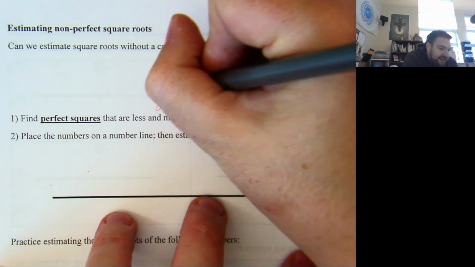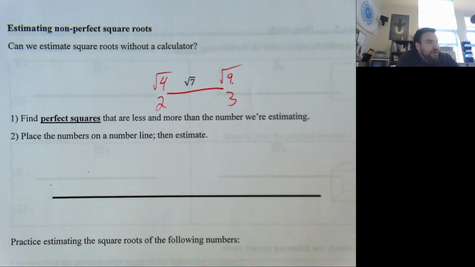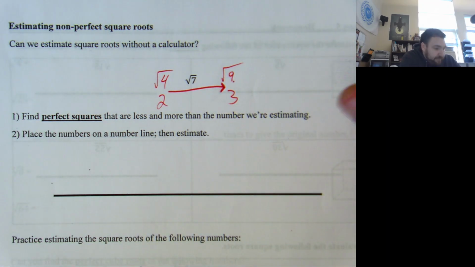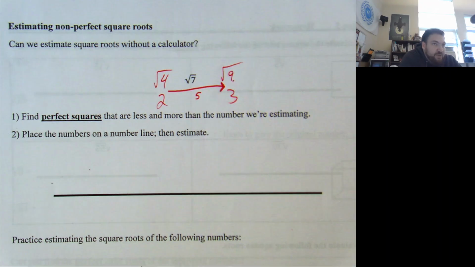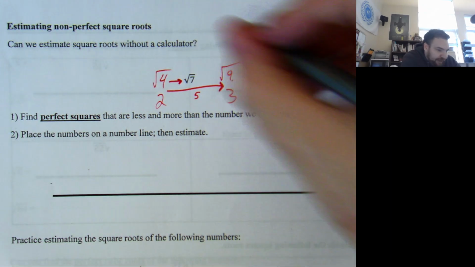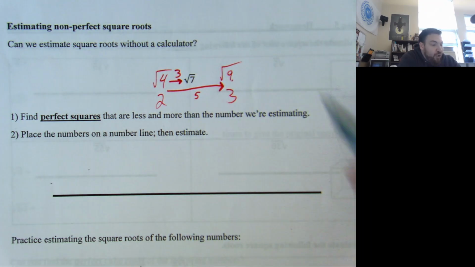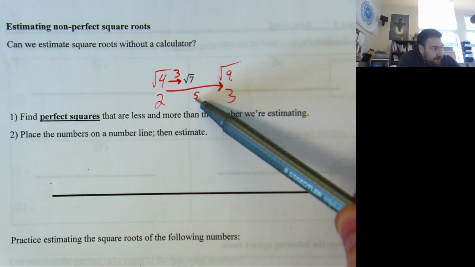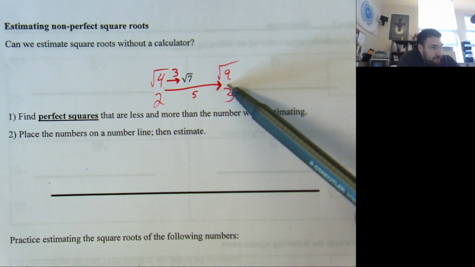So how far is it to get from 4 to 9? It is 5. There are 5 units between the number 4 and the number 9. How far is it from 4 to 7? 3. So 7 is 3/5 of the way between 4 and 9.